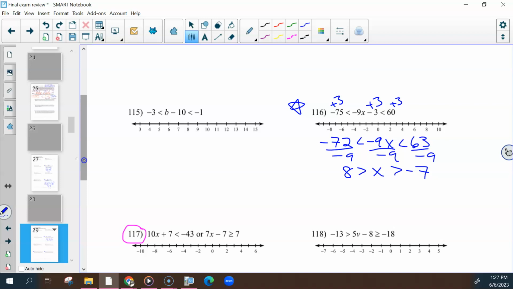But you'll have to take the whole thing and flip it back because it needs to be least to greatest with less than or less than or equal to. Because this is an and, they're going to face each other. So these would both be open circles at -7, at +8, and there would be a line connecting them. This is not least to greatest.